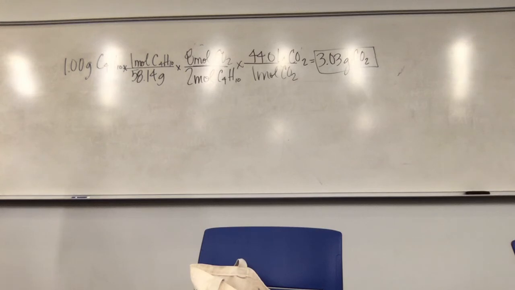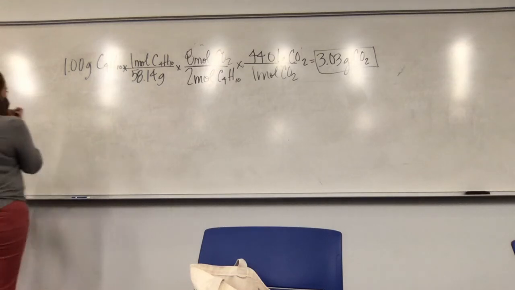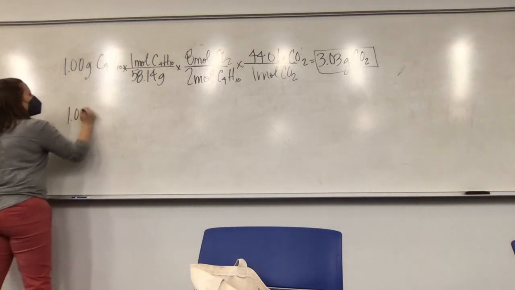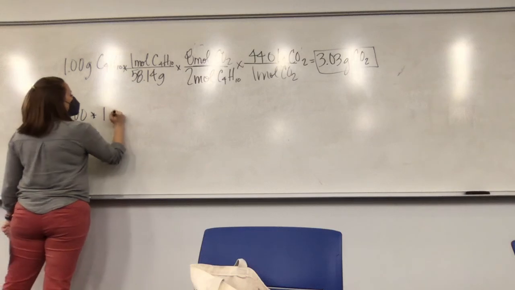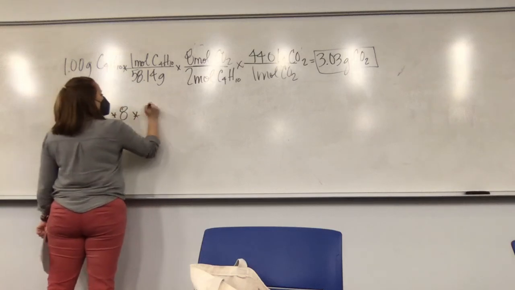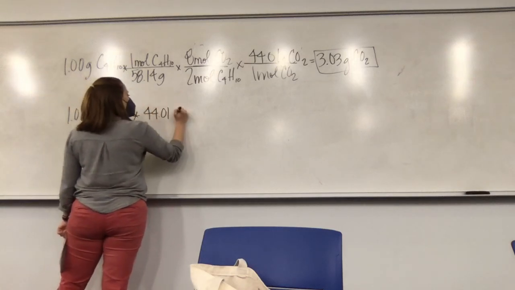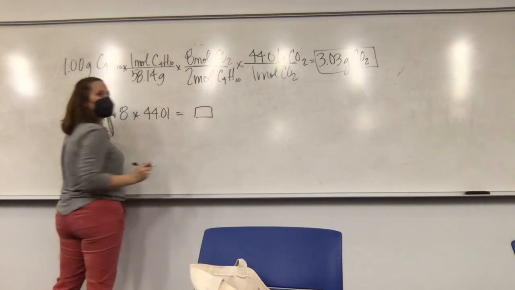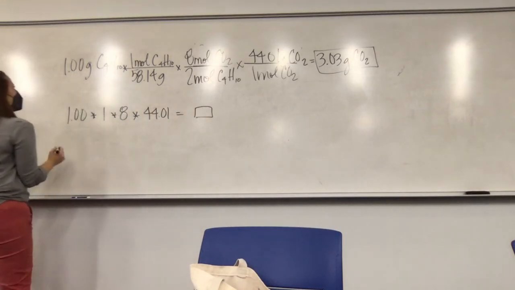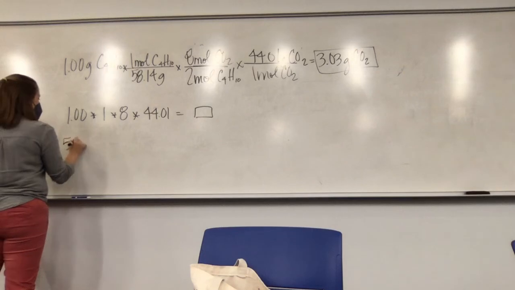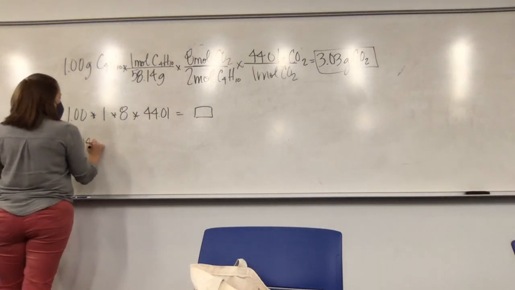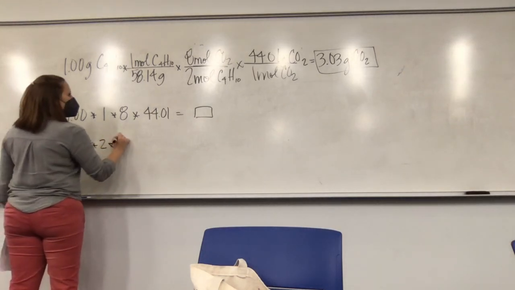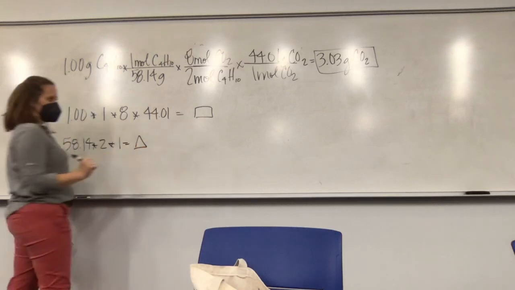If what you really realize is you really hate doing all the entering and all that, your other option will be to take 1.00 times 1 times 8 times 44.01. This is going to give you some answer. Then you can also do 58.14 times 2 times 1, and this gives you that answer.